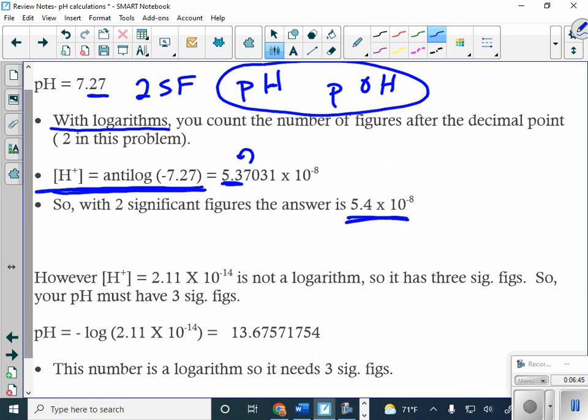Now, here's where it gets confusing. Look at this value right here. Hydrogen ion concentration is not logarithmic, is it? So how many sig figs do I have there? 3. So now I come down here and I calculate the pH using that value, and I get this value.